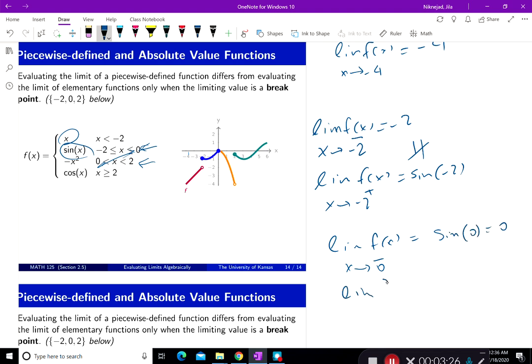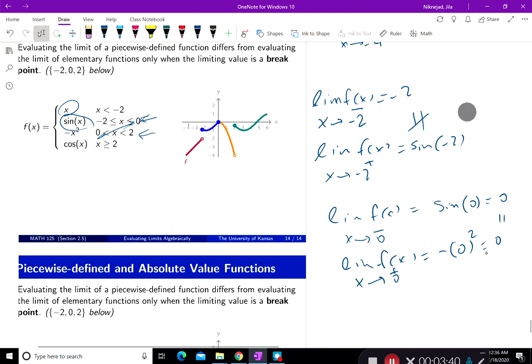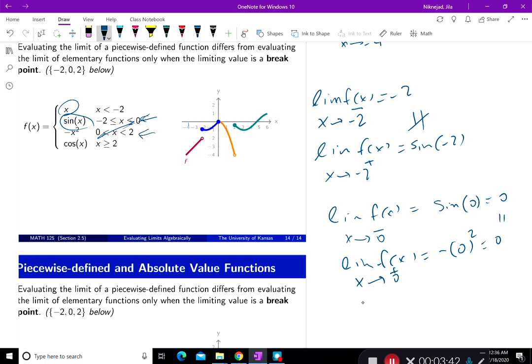The other side limit is going to be plugging it into -x², which is 0. These two are equal to each other, therefore the limit exists and is equal to 0.